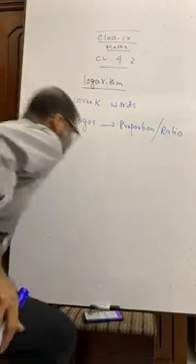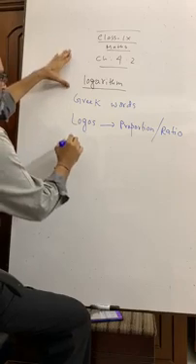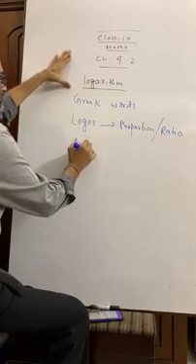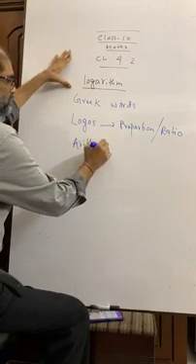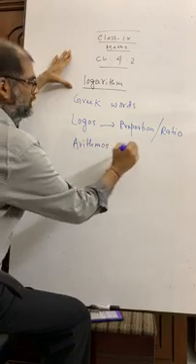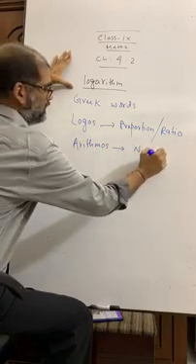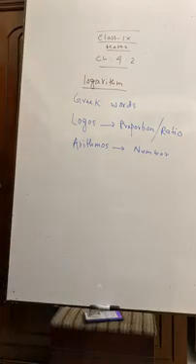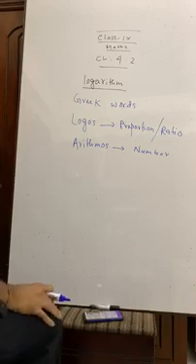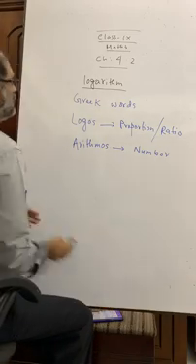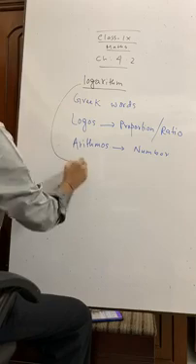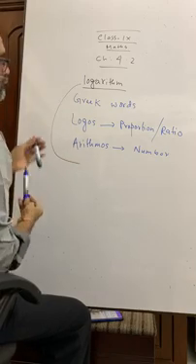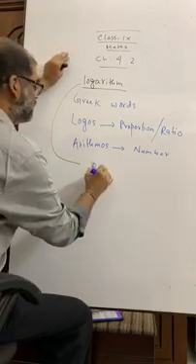And the other is arithmos, it means number. From two Greek words, logos and arithmos, that means logarithm means ratio number.